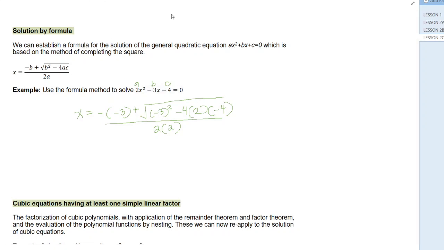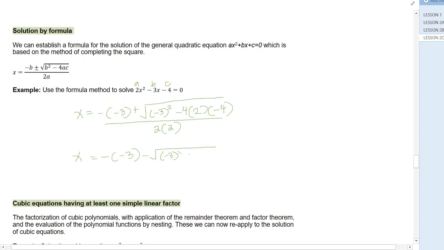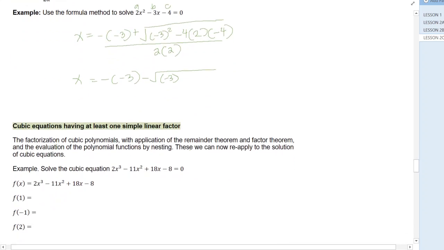Let us separate this one. So x is equal to negative negative 3 plus and minus the square root of negative 3 squared minus 4 times 2 times negative 4, divided by 2 times 2.